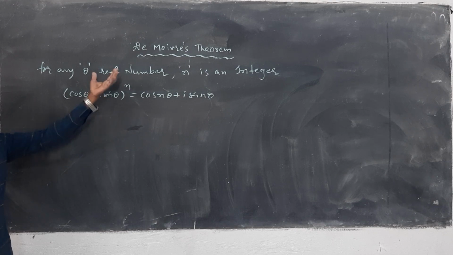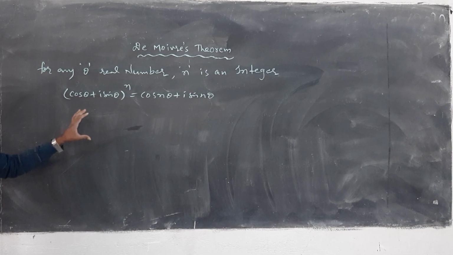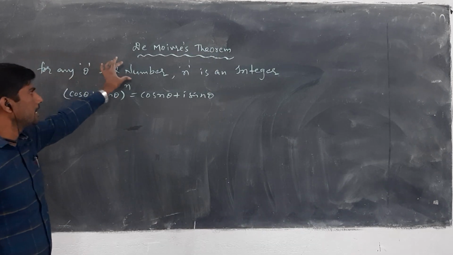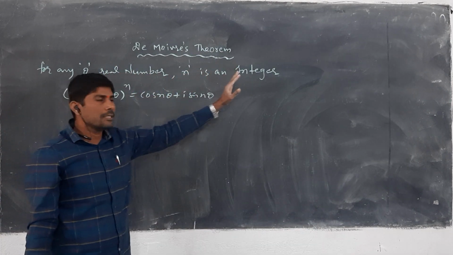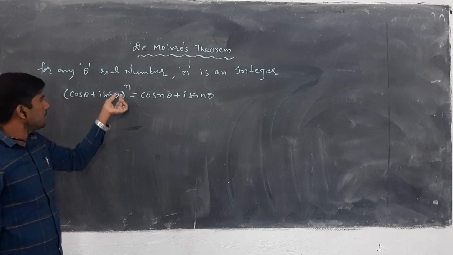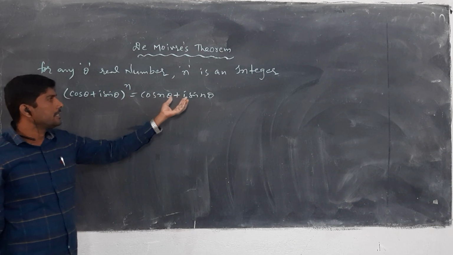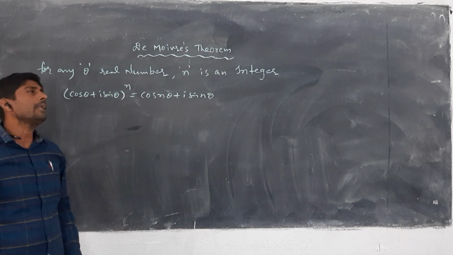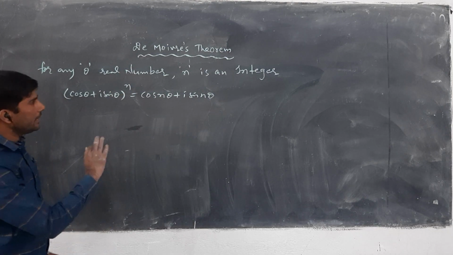This is De Moivre's theorem for integral index: for any real number theta and integer n, cos theta plus i sin theta whole power of n is equal to cos n theta plus i sin n theta.